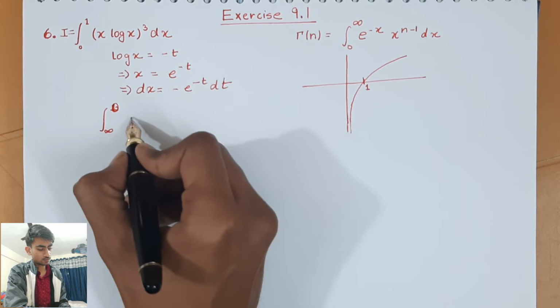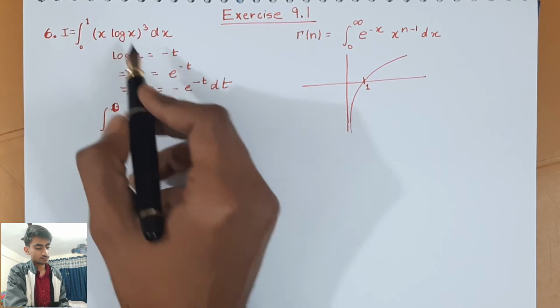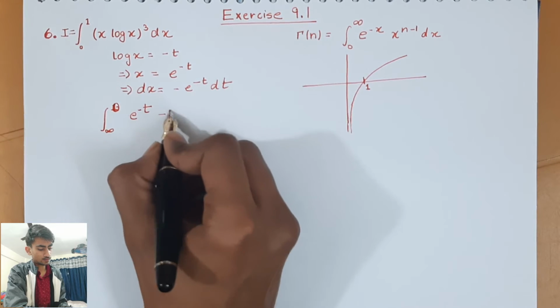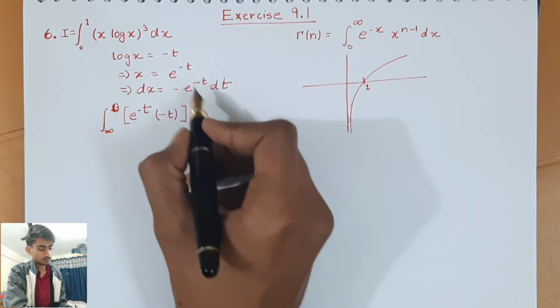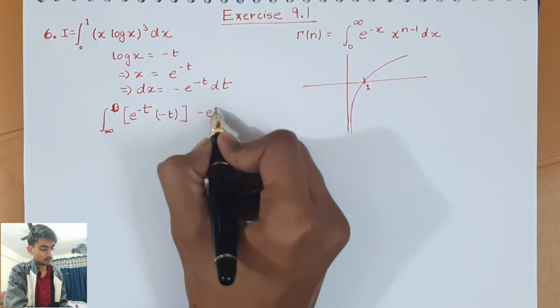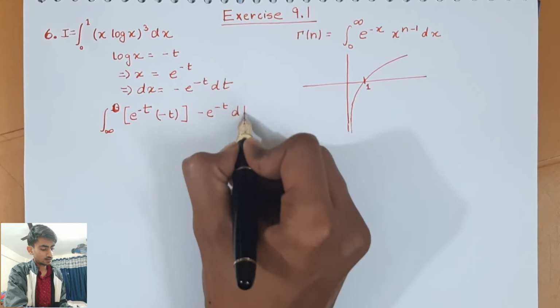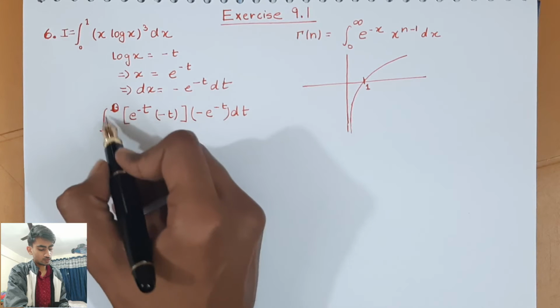In place of x I would write e to the power minus t. In place of log x would be minus t all raised to power 3. In place of dx I would write this minus e to the power minus t dt. I will utilize this minus sign over here to reverse the limits.